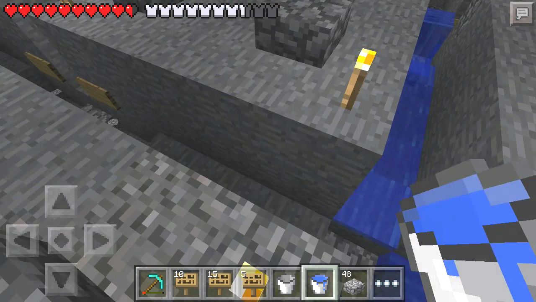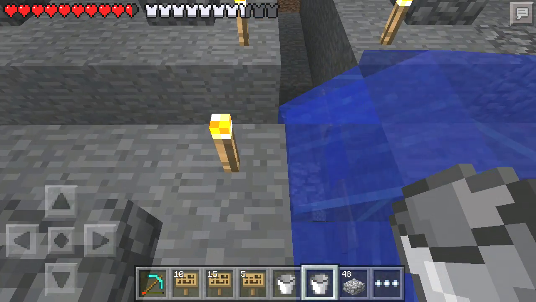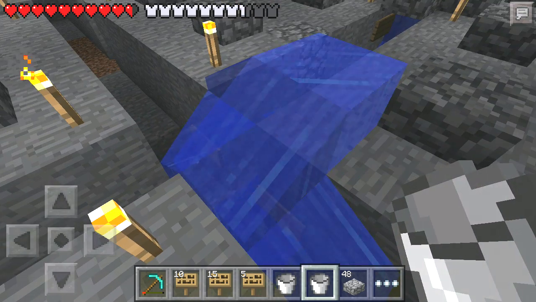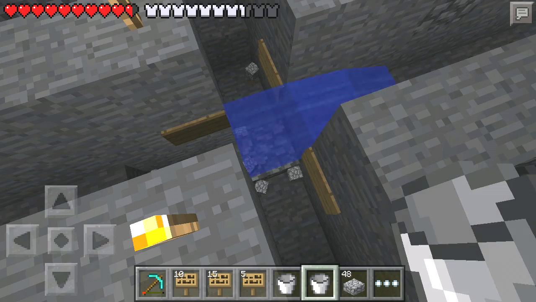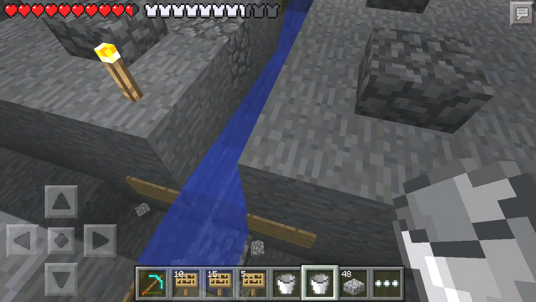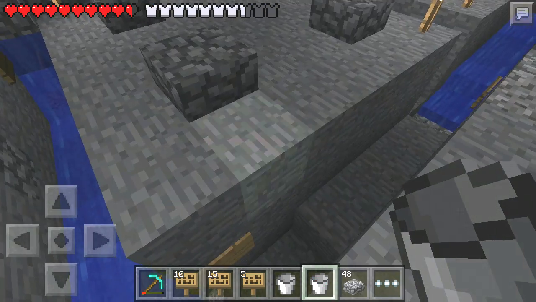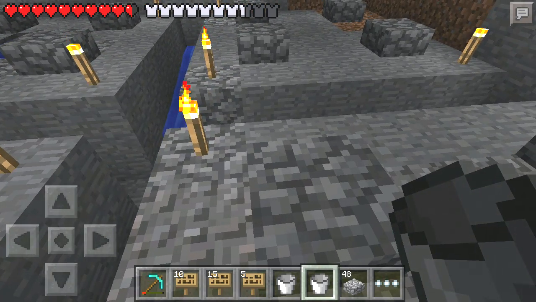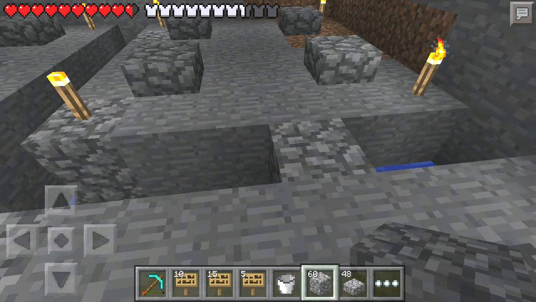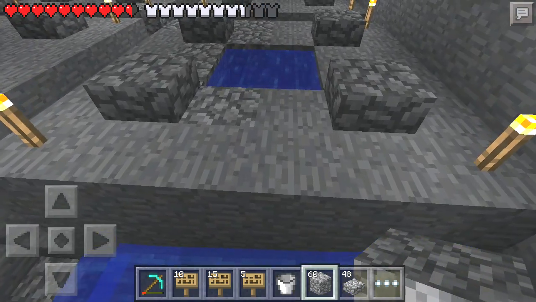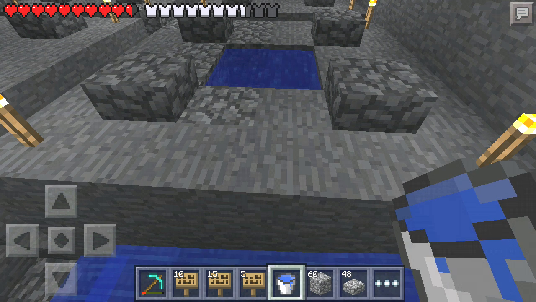I'll just borrow this water block for now. And if I place that here, now that water is flowing towards the center as well. So I'll just go refill my buckets here.